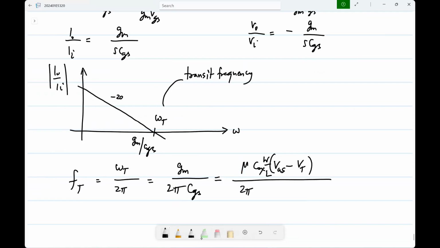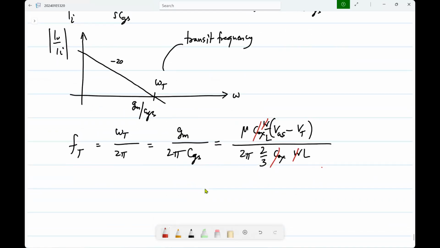What is CGS? 2/3 Cox WL. Okay, so what do we get? This is some numerical constant.